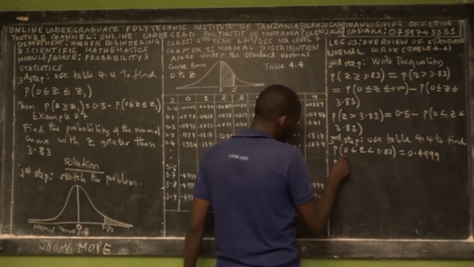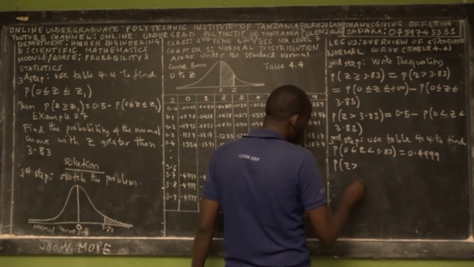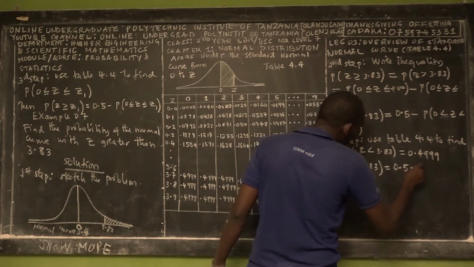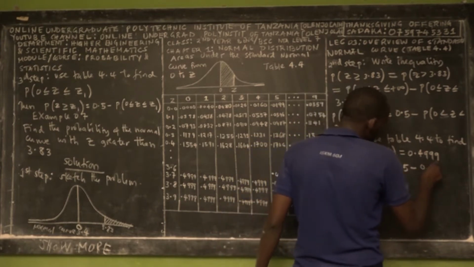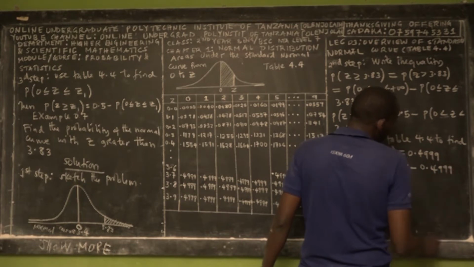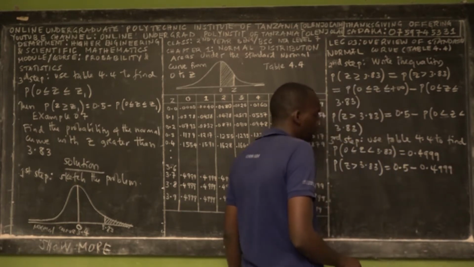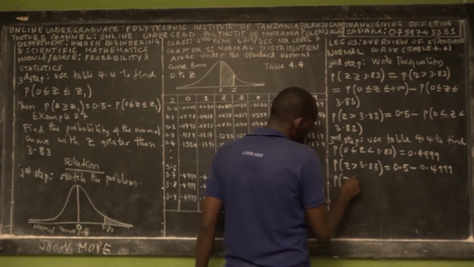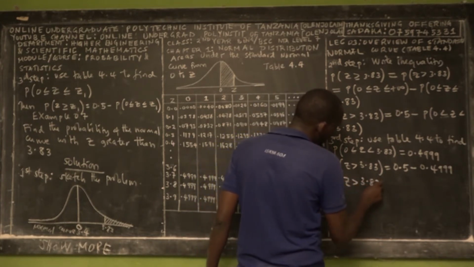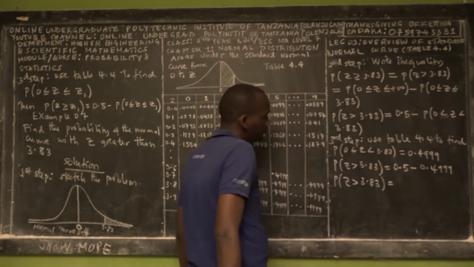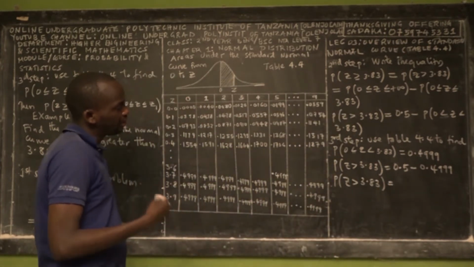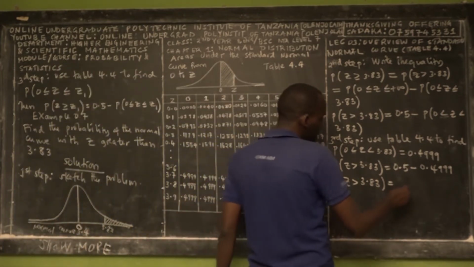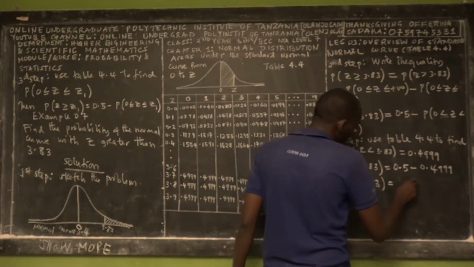So therefore, probability of z greater than 3.83 is equal to 0.5 minus 0.499. What will be the response? Probability of z greater than 3.83 is equal to what? So we have 0.5000 minus 0.4999. So this is equal to 1, then 0.